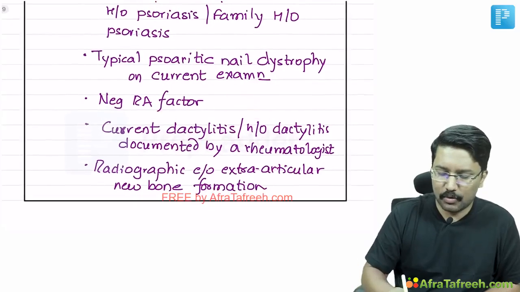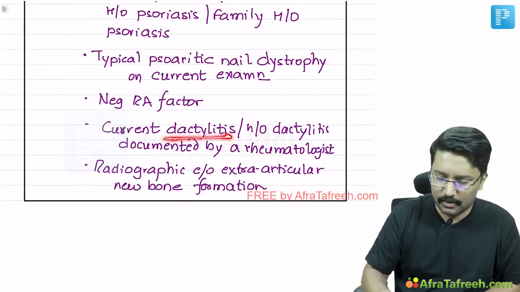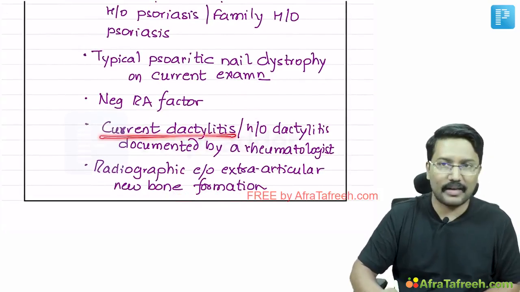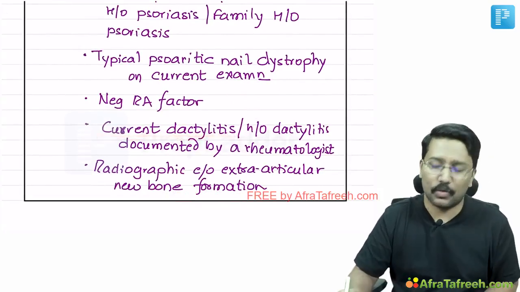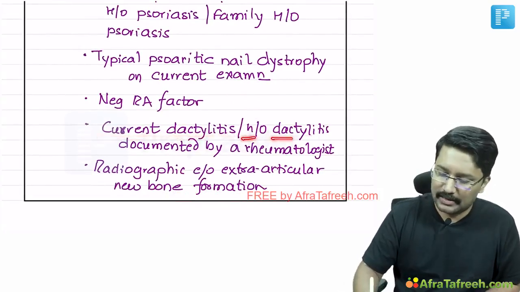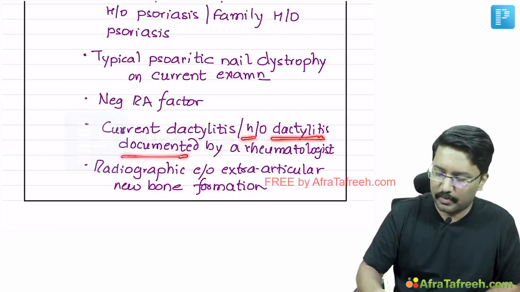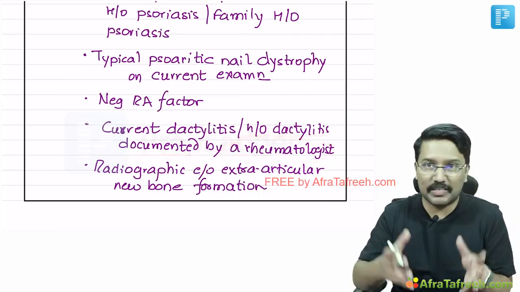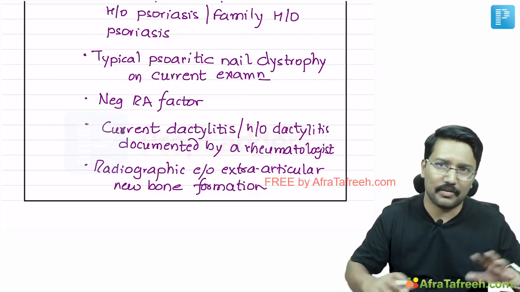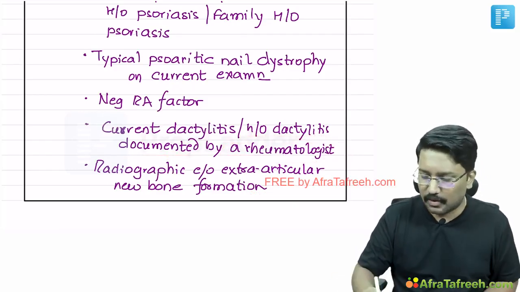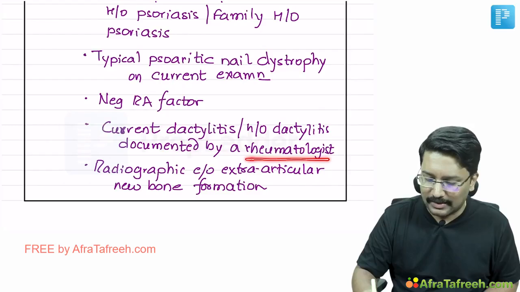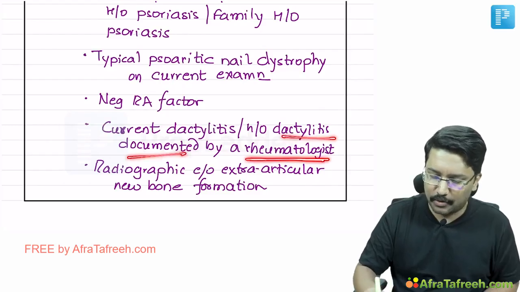Now, the fourth point is about dactylitis, right? So there should be either current dactylitis, which you are examining as the doctor, or there should be a history of dactylitis, which has been documented by a rheumatologist. I don't know why they specifically mention a rheumatologist instead of saying a physician or something like that, but that is what the guideline says. Dactylitis documented by a rheumatologist.